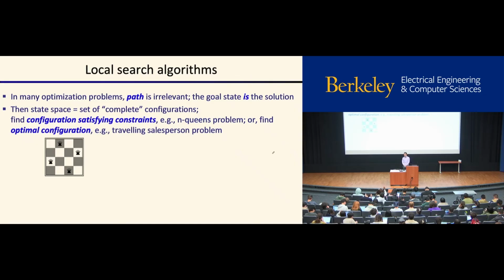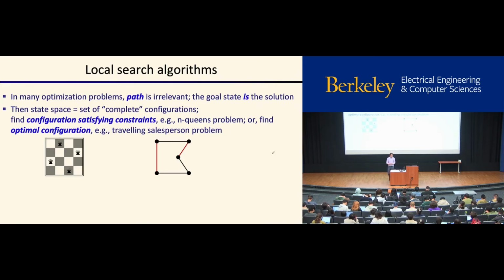Similarly, we could be looking for an optimal configuration, the one that has the lowest cost. Like a traveling salesman problem, where we're trying to visit every city in a map or in a graph, and we want to do it in a way that incurs the least cost of getting between these cities. Once we have a plan that minimizes this, we can go off and sell whatever it is that we're selling, maybe pancakes, and at no point do we need to know what the other plans were that we considered.